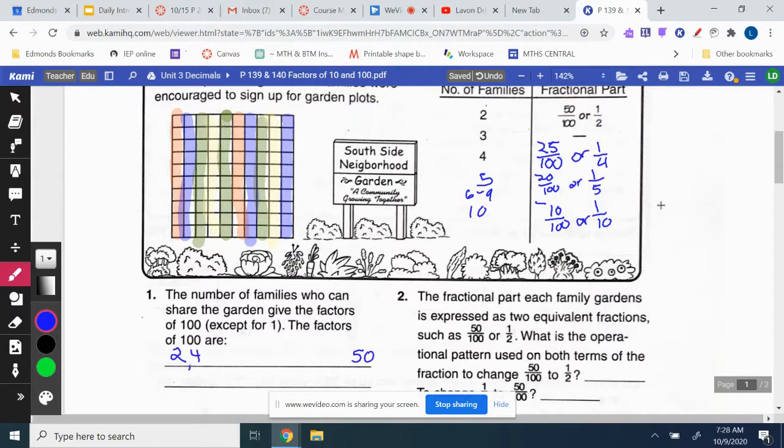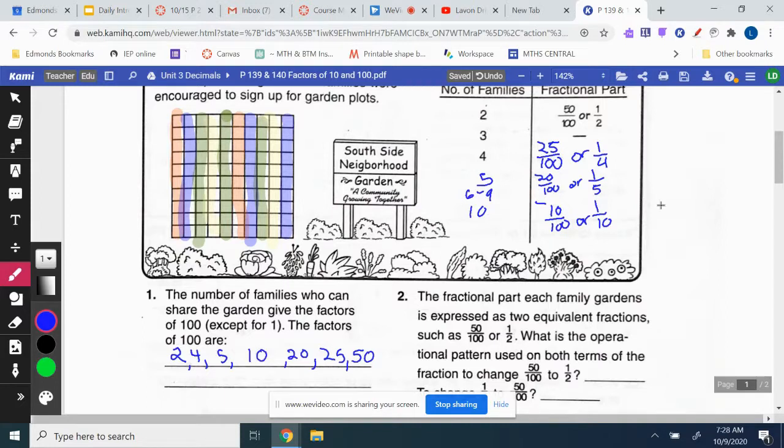So I have 4 and 25. I have 5 and 20. And then I have 10.